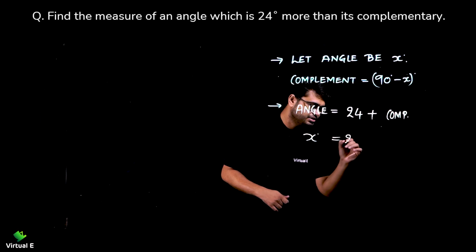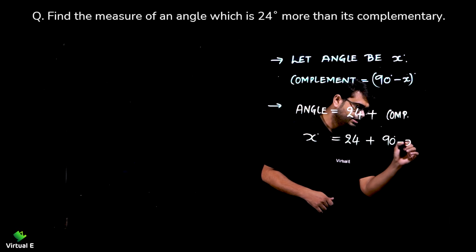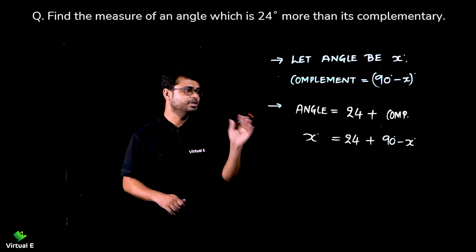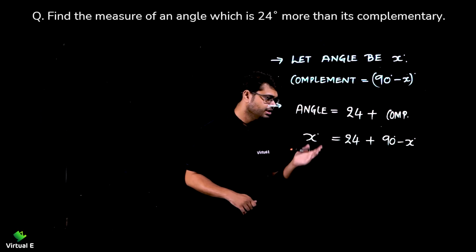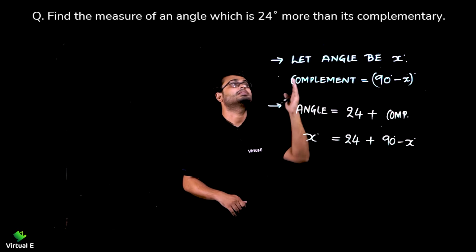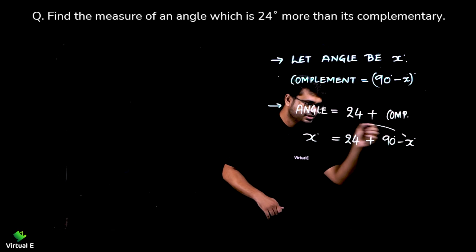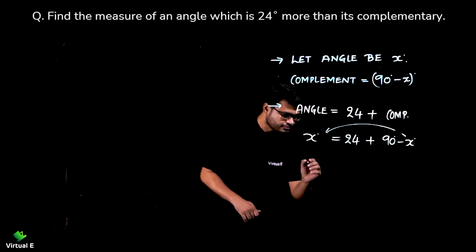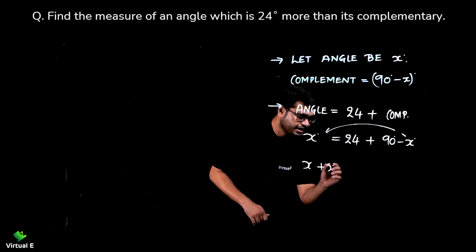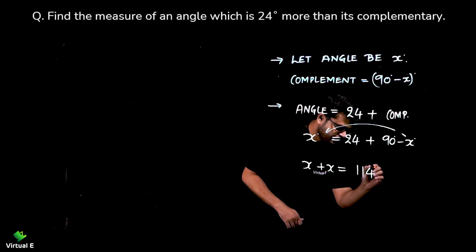x degree is equal to 24 plus, here let's write 90 minus x, right? This is the linear equation in one variable. Very simple. We need to solve for the x, so we get the what? Angle. That's what we need to find, right? Find the measure of an angle. So let's shift this x over here. This is minus x, it will become plus x over here, and 24 and 90 will give 104 degree.